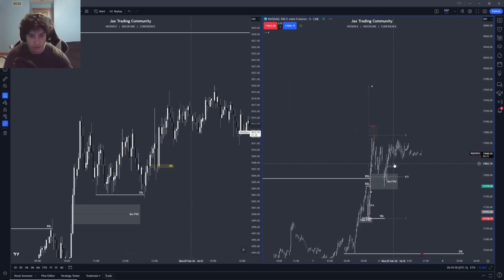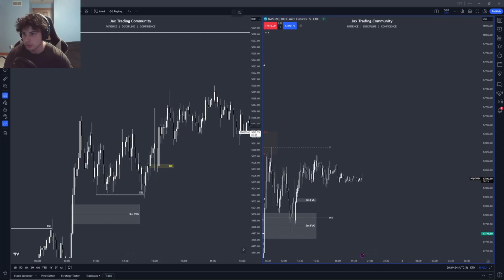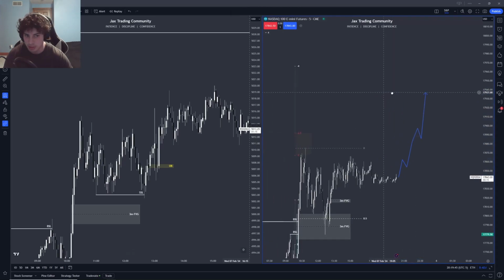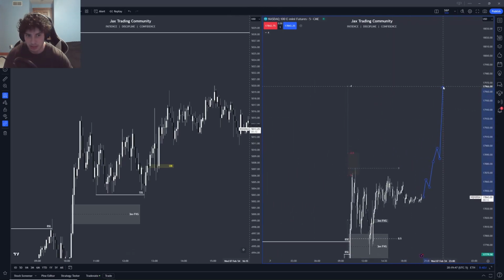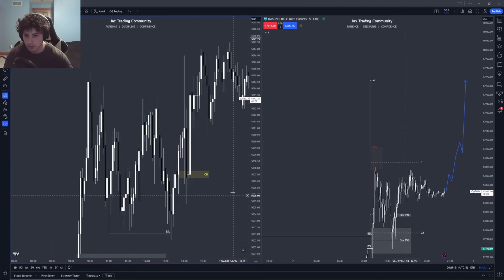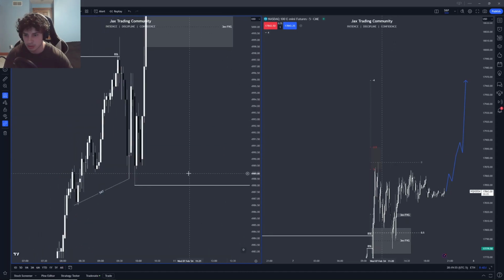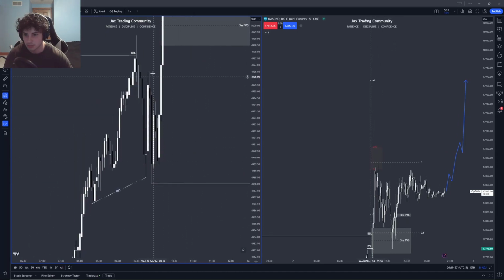And my prediction in the overnight session is that we are going to maybe slowly work our way up. So something like this might happen. It's not guaranteed we're going to make this -4 level, but let's look at this. Is there any projection I can make? Yeah, right here.